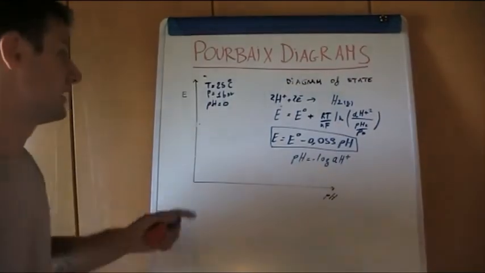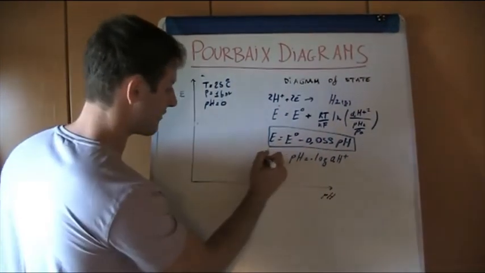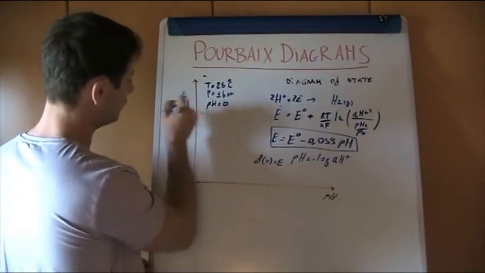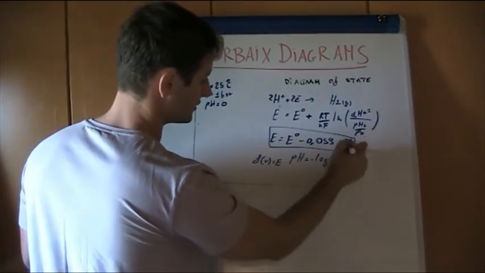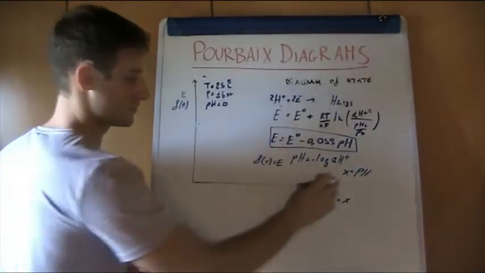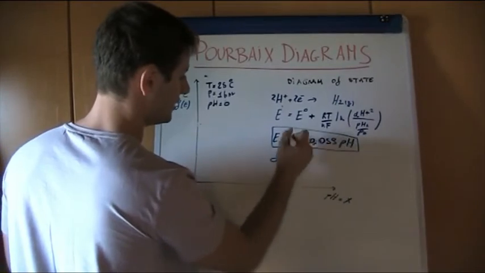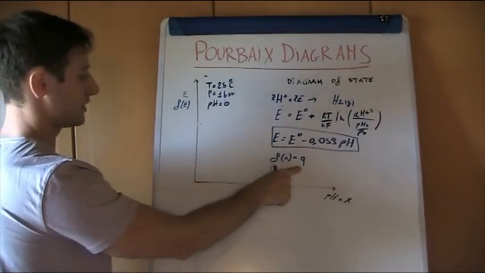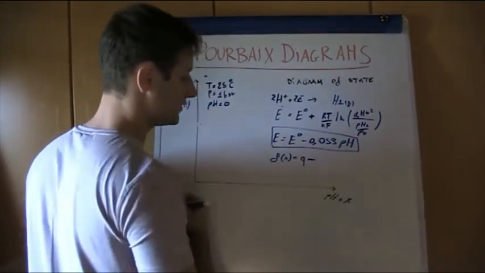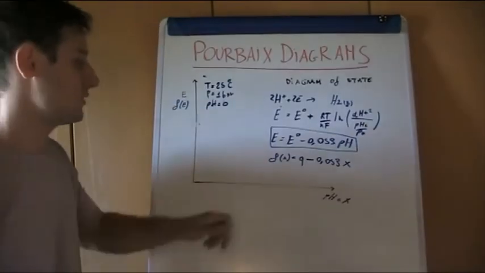But in this diagram this is basically a function, because we have f of x, that is this, and we have x, that is the pH. This is the point on this axis, the starting point, and this is the slope, the angular coefficient, and we have x.